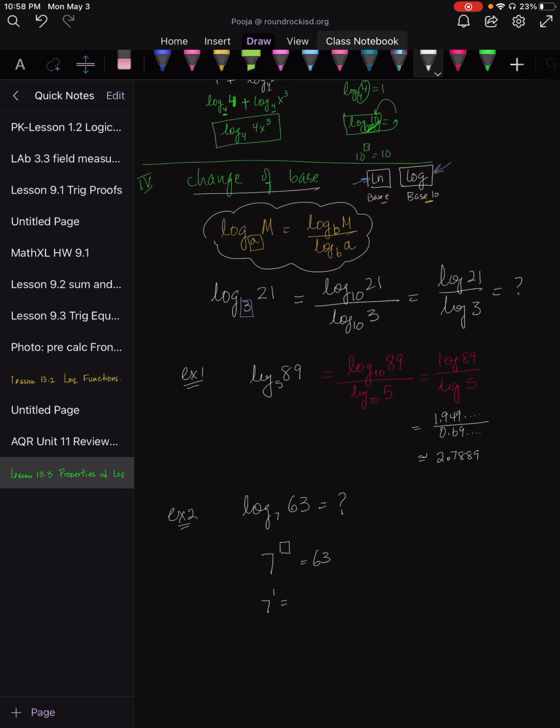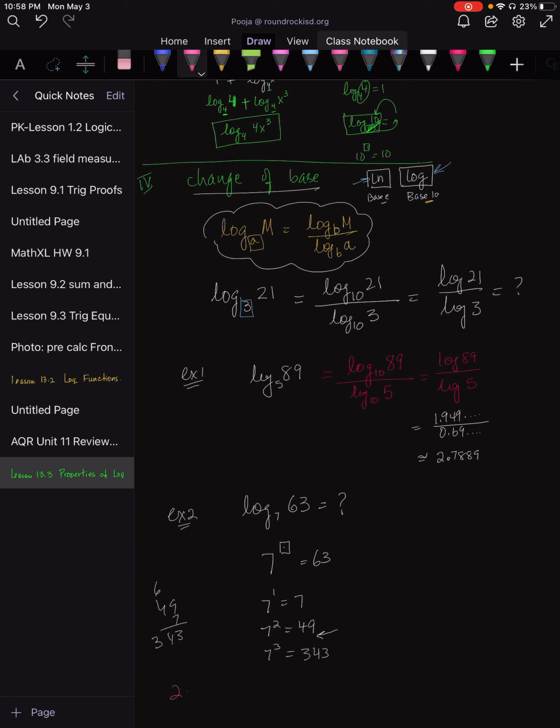So think about it. 7 to the first power is 7. 7 to the second power is 49. And the minute I go to 7 to the third power, that is 343. And we were looking for 63, so that's somewhere between 2 and 3. This answer is between 2 and 3.